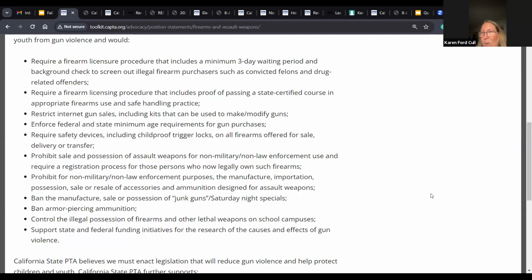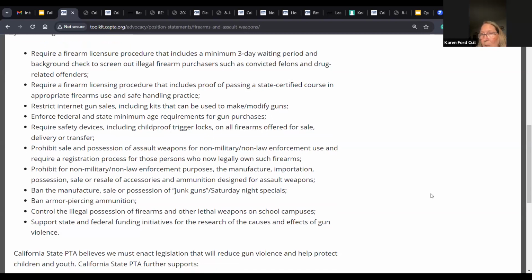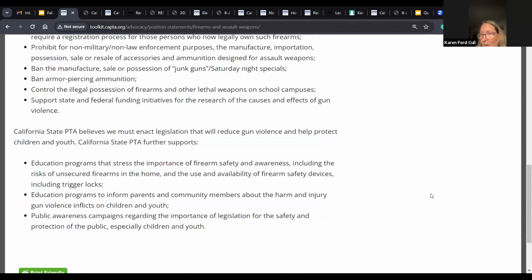and require a registration process, ban the manufacture, sale, or possession of junk guns, ban armor-piercing ammunition, control the illegal possession of firearms and other lethal weapons on school campuses, and support federal and state funding initiatives for research on the causes and effects of gun violence.